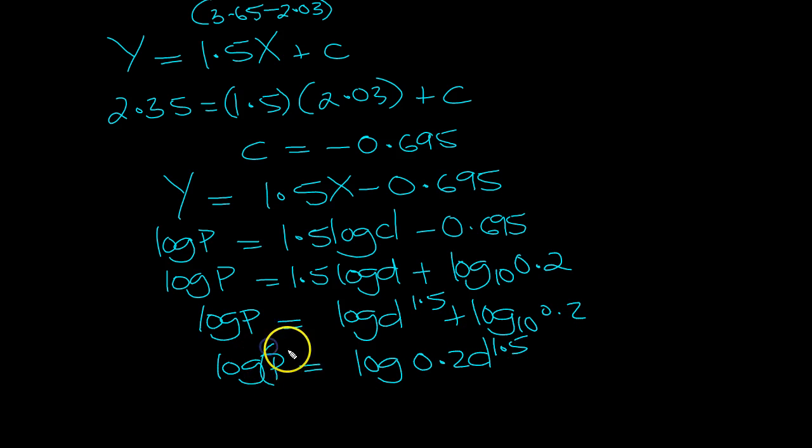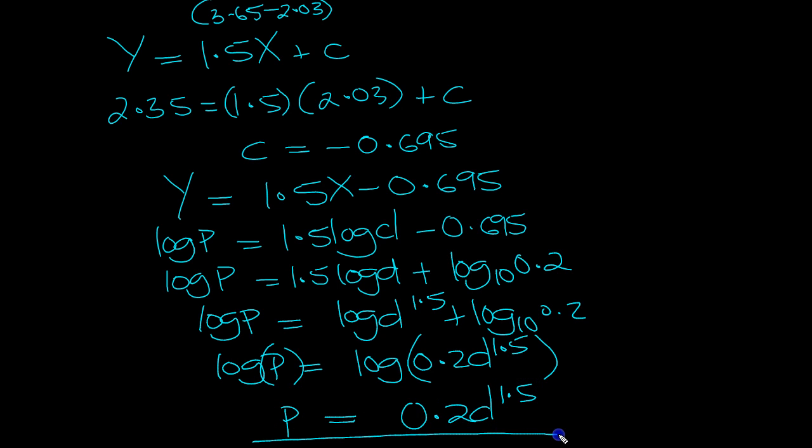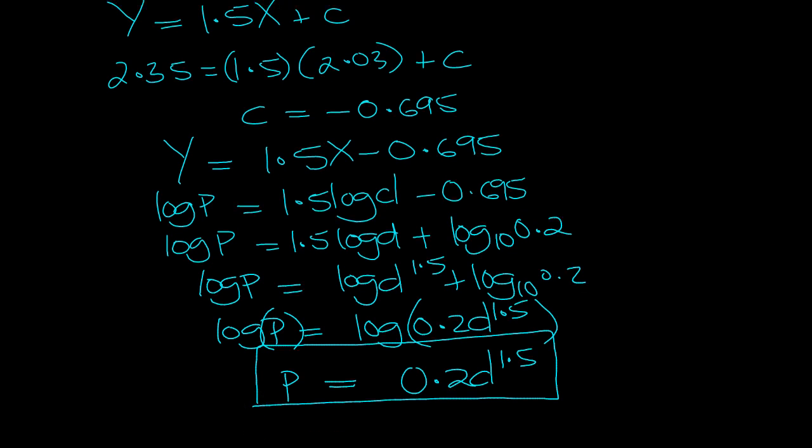And then the log of this equals the log of this, so now we can undo the logs, can't we? Just write p equals, because the values must be the same. 0.2 d to the 1.5, and that's how you do it. And there's our relationship between the period and the distance for the planets in the solar system. Okay, so that's the example there.